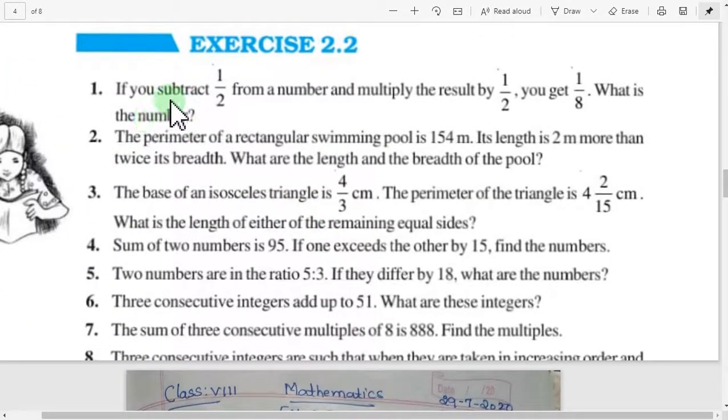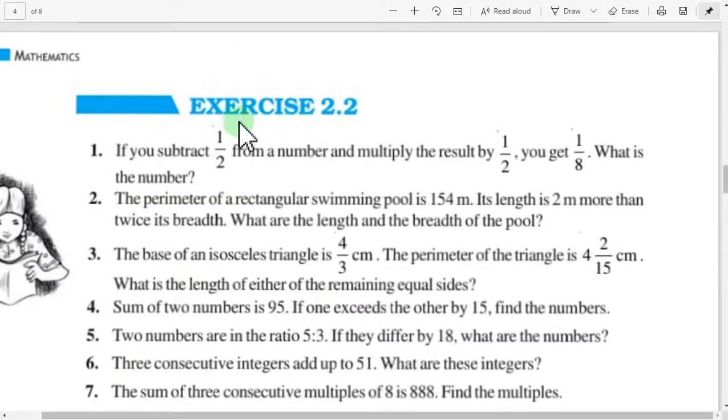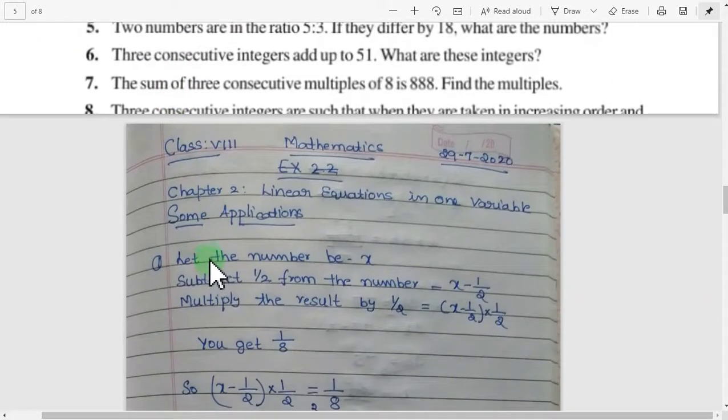And here some exercise sums I have solved. Copy this first one. If you subtract half from a number and multiply the result by half, you get 1/8. What is the number? See, we take that number as unknown. Take that as x. Subtract half from the number, so our number is x, half subtracting.